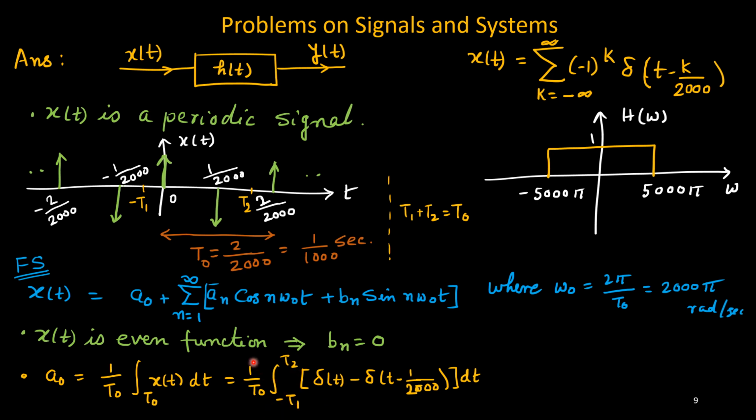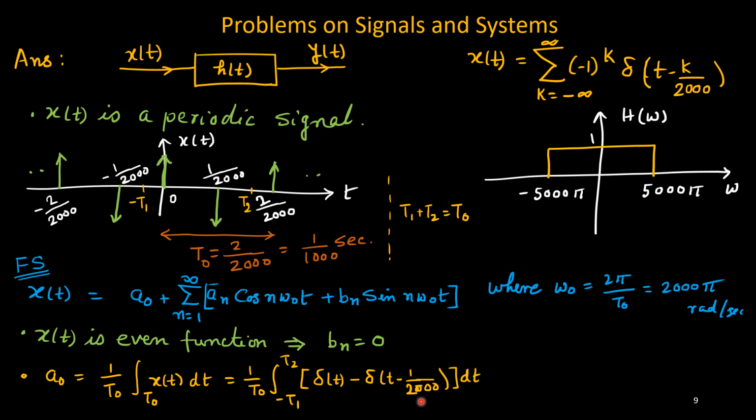And then x(t). Within one fundamental time period, the signal has two impulses, one at 0, that is delta of t, and another at t equals 1 upon 200, but the amplitude is minus 1, thus it is minus delta of t minus 1 upon 200.